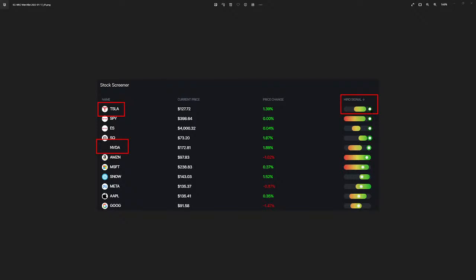So this is showing that the hero signal for Tesla is the strongest it's been in the last 30 days, and stronger than it has been in the last 5 days. And the same for Nvidia. And another good long setup was Snowflake. So we'll look at all those.